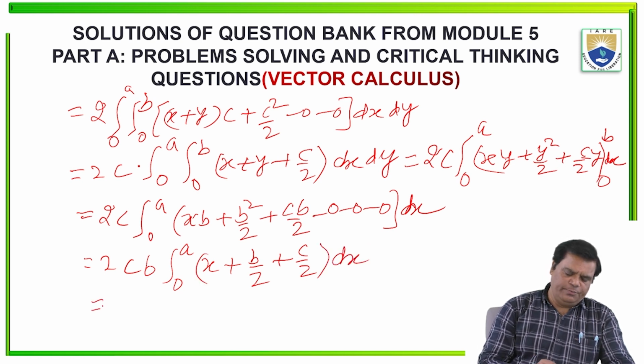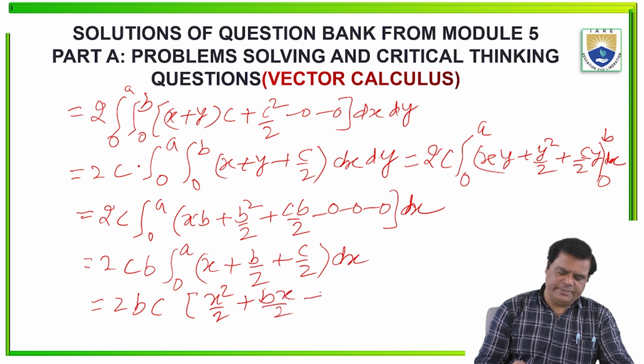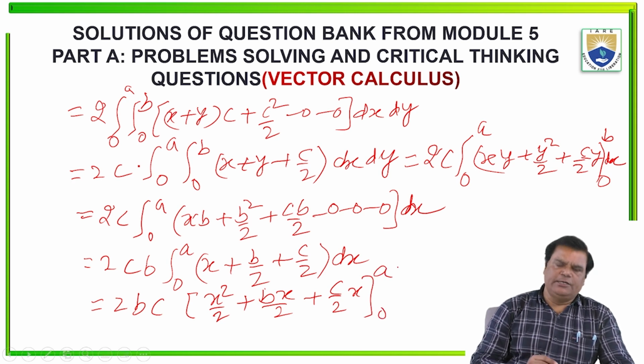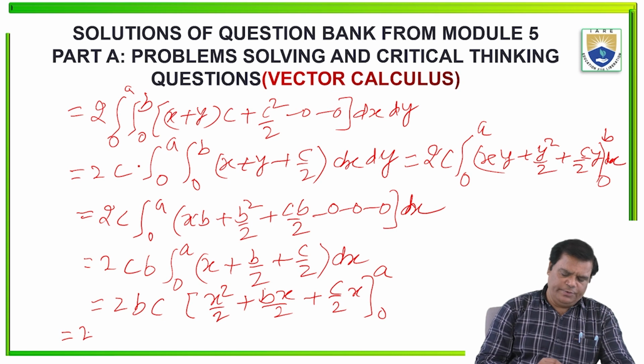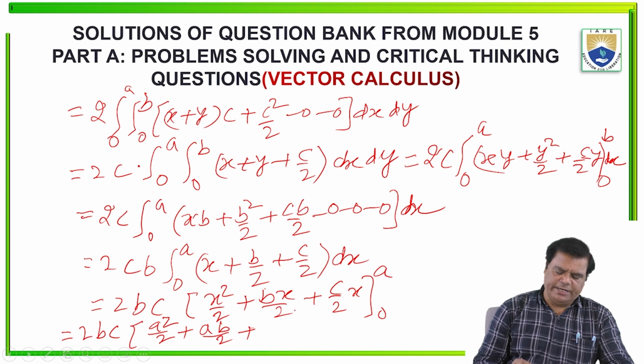So now here 2bc, x square by 2 plus bx by 2 plus cx by 2, limit 0 to a. Putting x equal to a here, 2bc and here a square by 2 plus ab by 2 plus ac by 2.